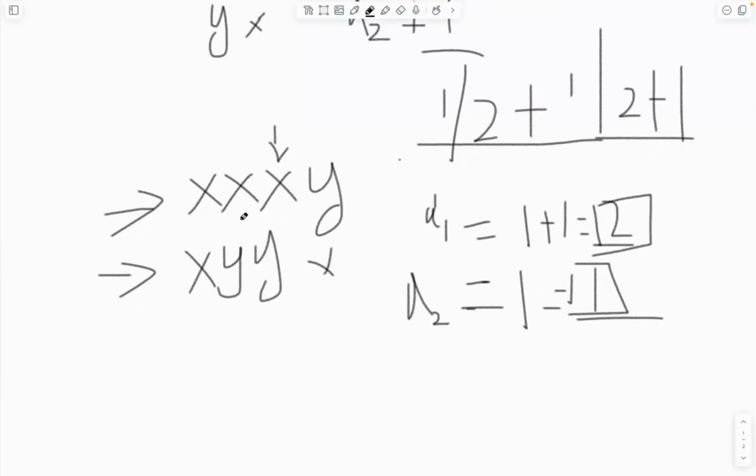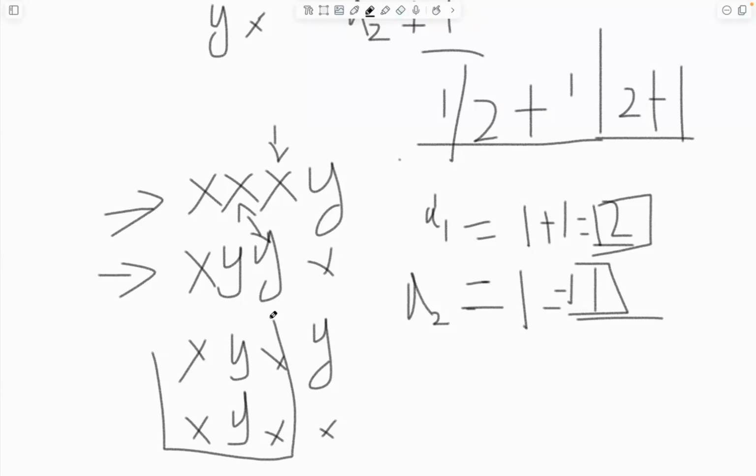For example, if we swap these two positions, you can find the first two pairs are equal, but you cannot make these two equal, because y occurs only one time and x also occurs one time.